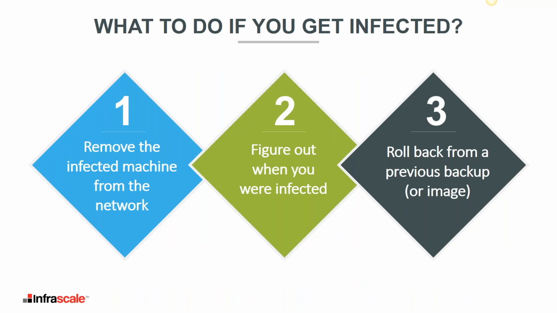So when you get infected, what are you supposed to do? Typically you would remove the infected machine from the network to stop the spread, and then you work to figure out when you were infected and you roll back to a previous backup. It's really important to have trained technicians when it comes to ransomware, because not all ransomware variants operate the same.